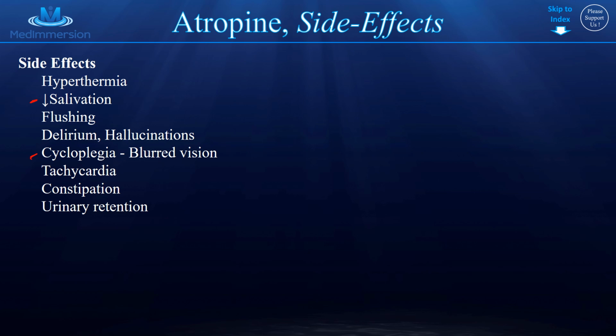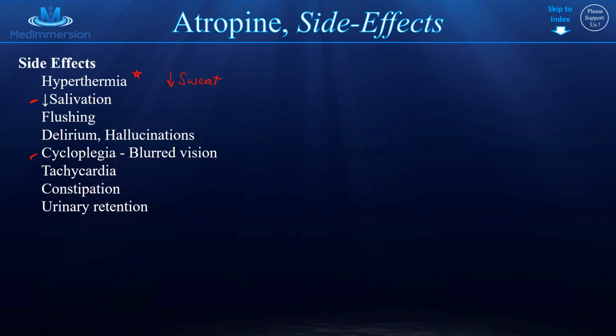So a couple of the side effects that we haven't talked about that you might get asked. For one, how about this? Hyperthermia. Why might you have a problem with being too hot? The answer is mostly because you're not going to produce as much sweat. And sweat is very important for thermoregulation. How about delirium? Hallucinations. Well, these side effects are from some of the receptors that we haven't talked about.